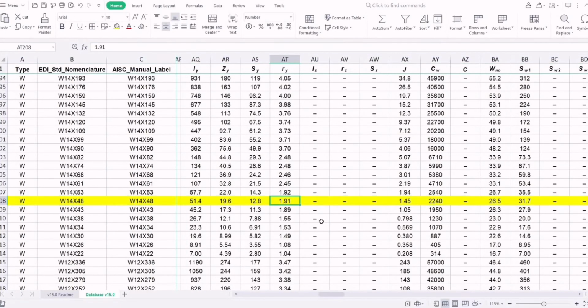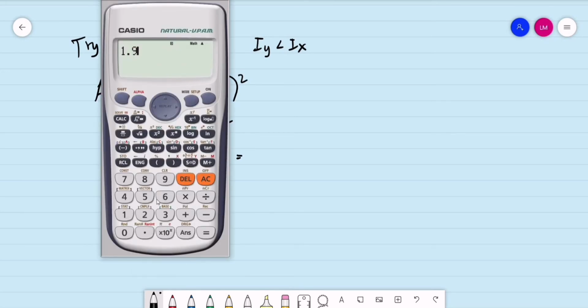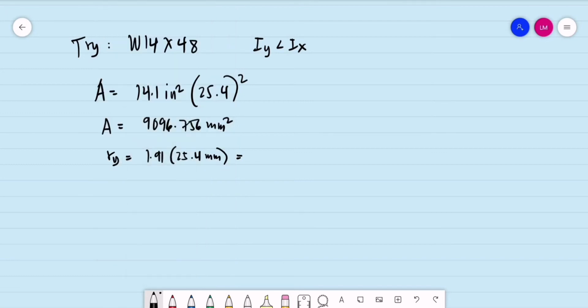It is 1.91 inches, multiplied by 25.4 millimeters. So it's 48.514 millimeters.